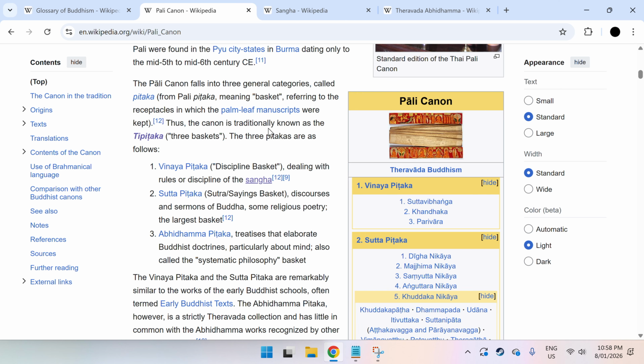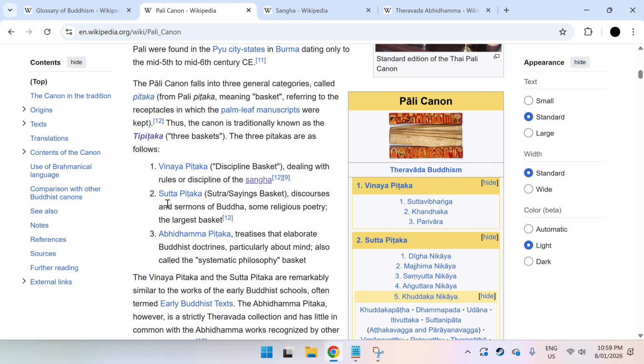So the Vinaya Pitaka is about how to live in a Sangha, I guess, the rules and conduct of living in the Sangha, and things that are important to that.